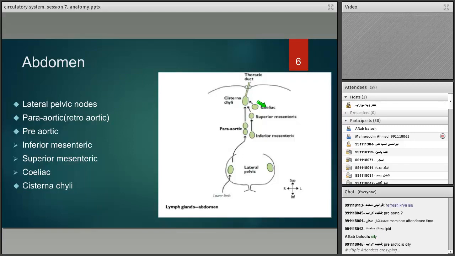After that, yes, pre-aortic, which are receiving the, yes, lumbar, from the digestive system.